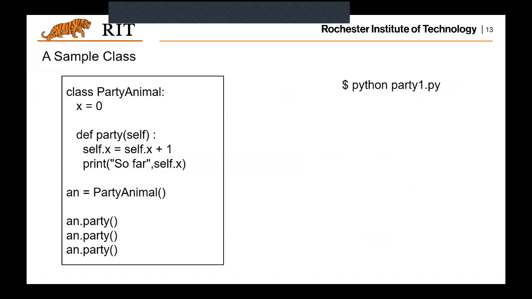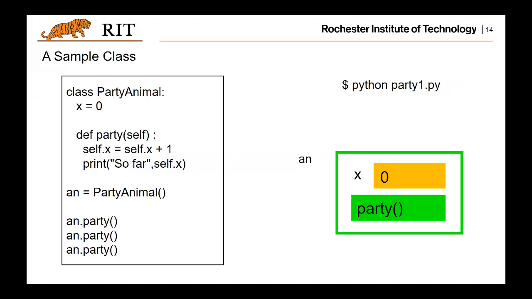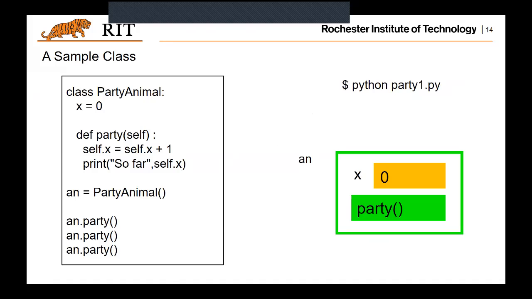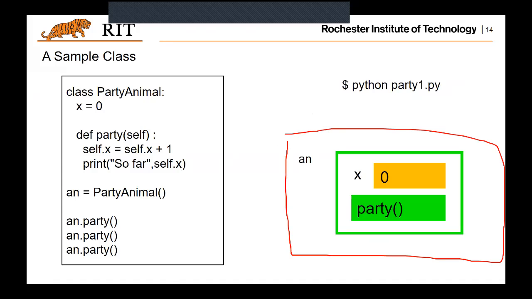So again, this party animal class. If we visualize this instance like this, what you can see is, within this instance n, you have a data stored and a function available.